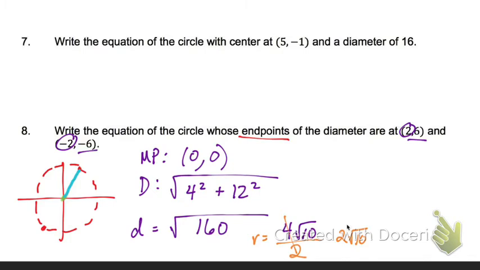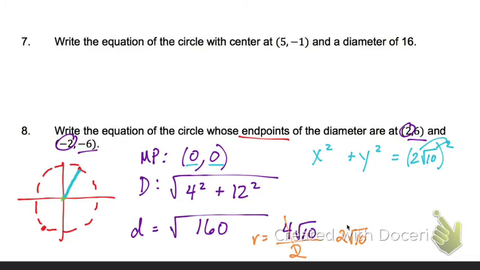And so when I plug that into the formula, it becomes x squared plus y squared, because the midpoint is (0, 0), equals (2 root 10) squared. Now when you square that, it gets applied to the 2 and to the 10.